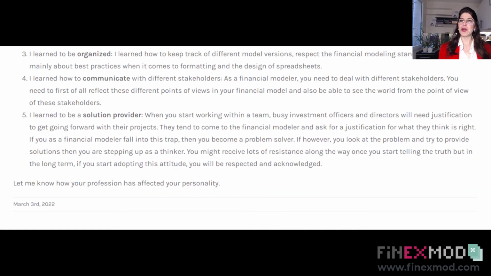The last thing that I want to mention here, and I really talk about this subject a lot, is that as a financial modeler, you should have a solution provider mindset. What I mean is that, because of the complexity of projects and transactions, and also the incentives that are there for the team, for the investment analyst, for the directors in a project, their aim is to get the project going forward.